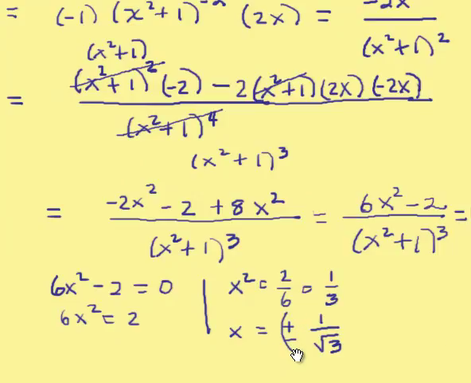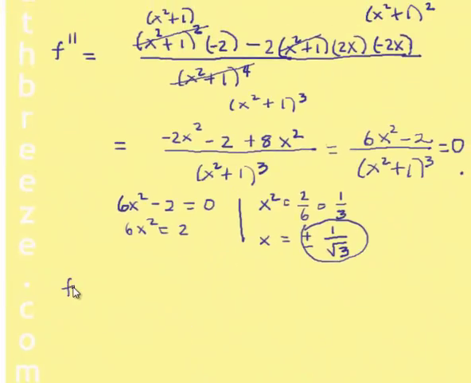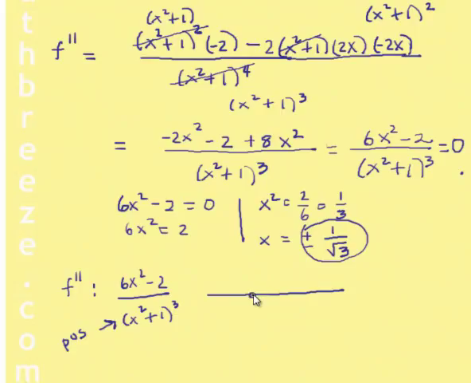So these are our potential inflection points, and now we're going to do the plus minus analysis on f double prime. So here we have f double prime: 6x squared minus 2 over x squared plus 1 cubed. Now notice the denominator is always positive, so we just have to substitute into the numerator. Let's put these 2 points on the number line: 1 over square root 3 and minus 1 over square root 3.